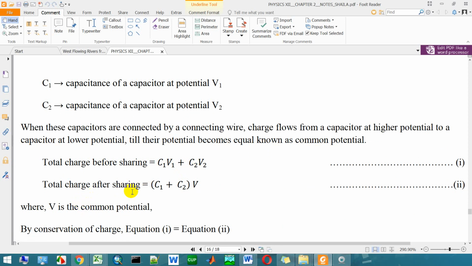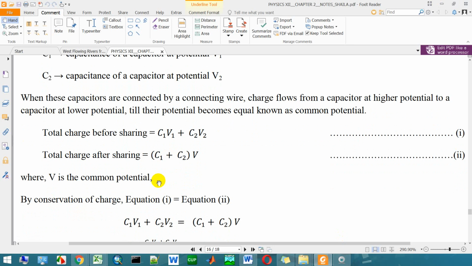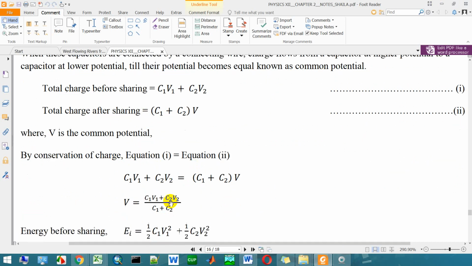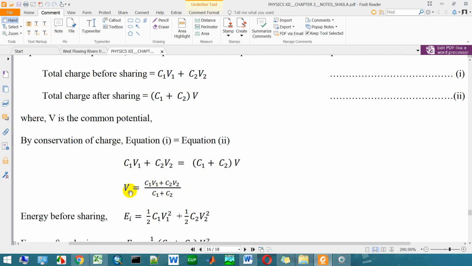Total charge after sharing is C1 plus C2 into V, where V is the common potential. So according to the conservation of charge, charge before sharing and charge after sharing is the same. So this is the equation that we get, and here the common potential in terms of capacitance and potential of each capacitor is given as C1 V1 plus C2 V2 divided by C1 plus C2.